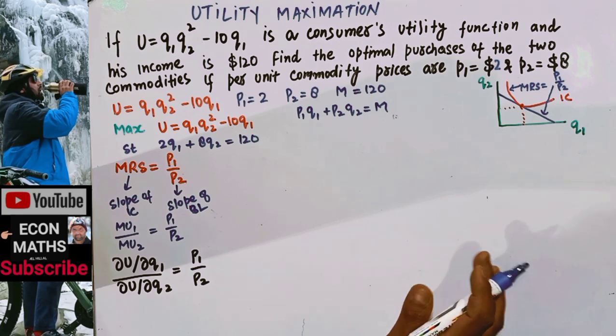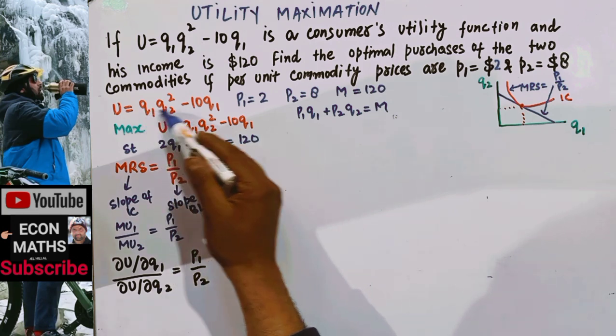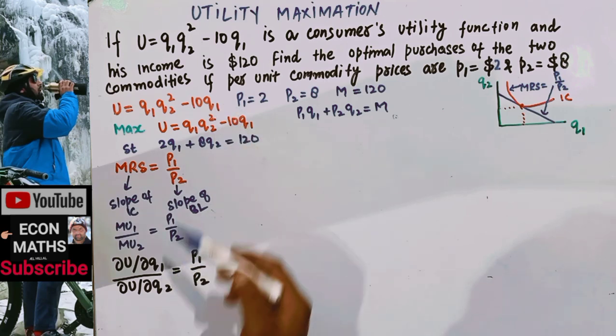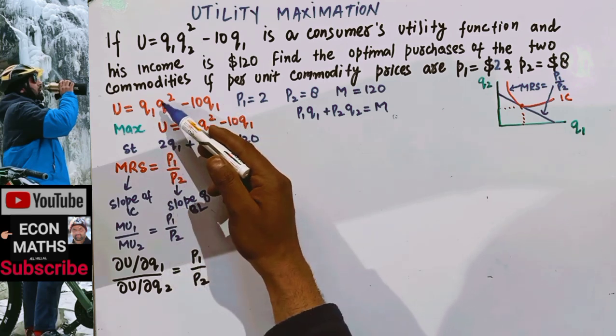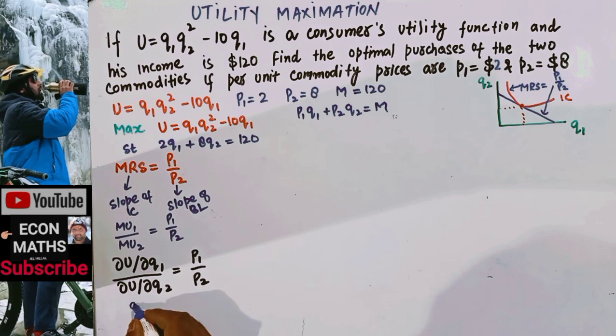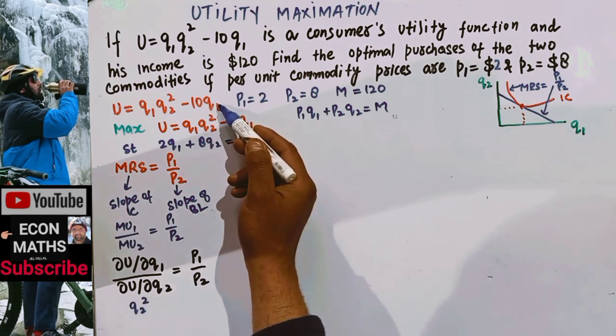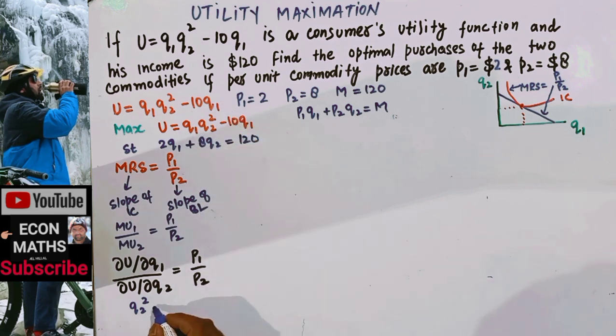So what is the partial derivative of this function with respect to Q1? The derivative of Q1 will be 1, so we are left with Q2 square; and in the second term, the derivative of Q1 is 1, so we are left with minus 10. So this is dU upon dQ1. To this we divide dU upon dQ2. This time we take the derivative with respect to Q2.